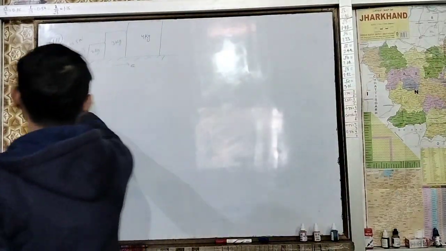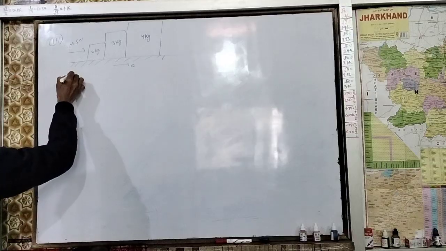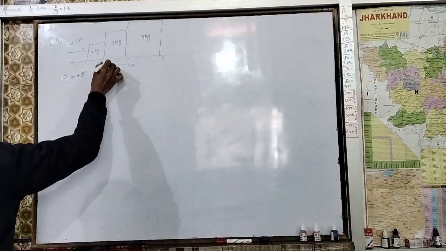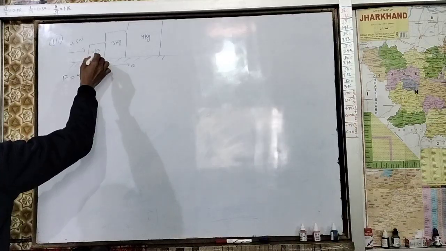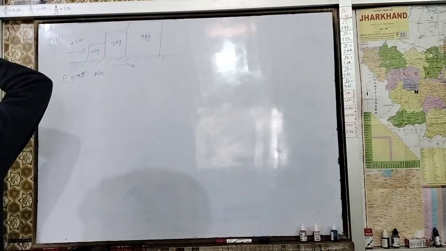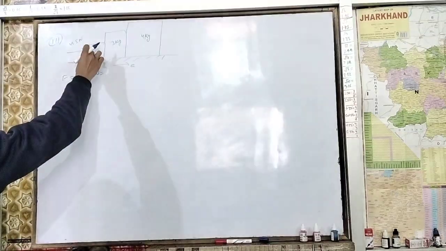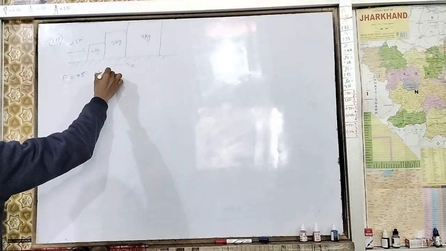Just see. F is 45, and N will be how much? N for this will be M into A, so 2a.